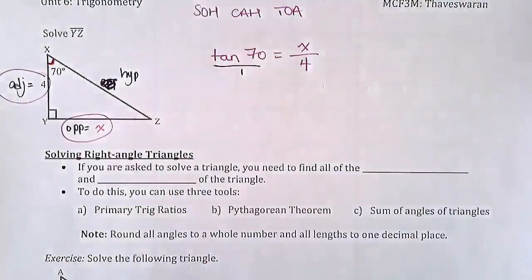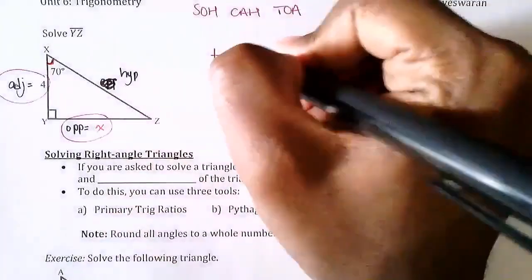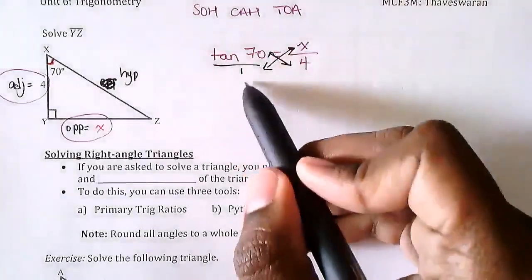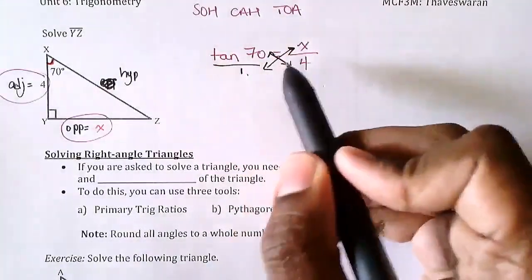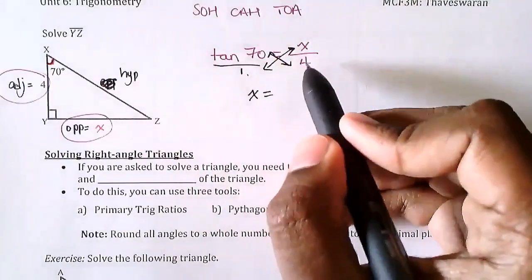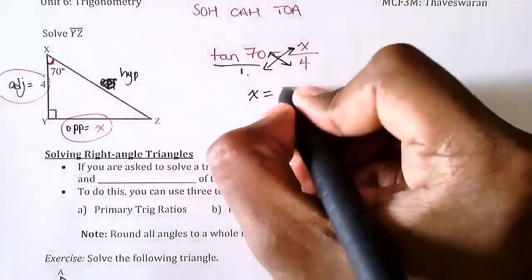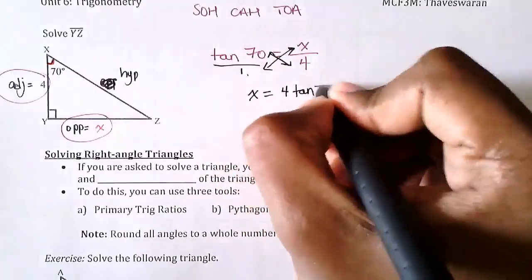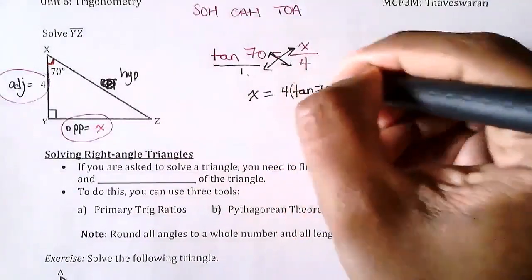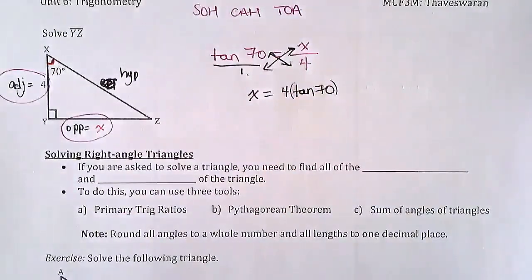So this is the same thing as saying tan 70 over 1, and I multiply across. So on this side, I have 1 times x, which is just x. On this side, I have 4 times tan 70. Again, the 4 comes up front. So 4 tan 70, which again just means 4 times tan 70.